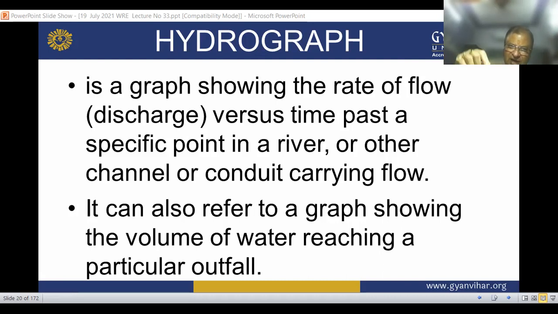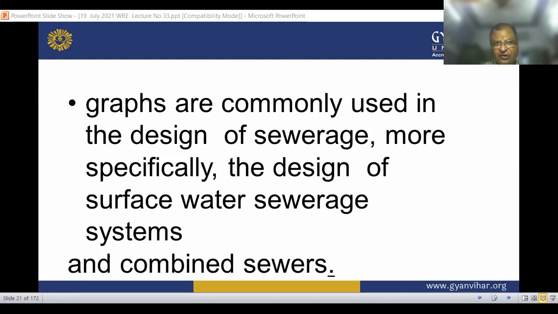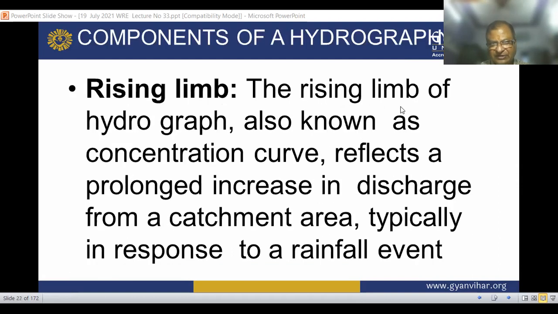It can also refer to a graph showing the volume of water discharging from a particular outfall. Hydrographs are commonly used in the design of sewerage, more specifically the design of surface water sewage systems and combined sewers.